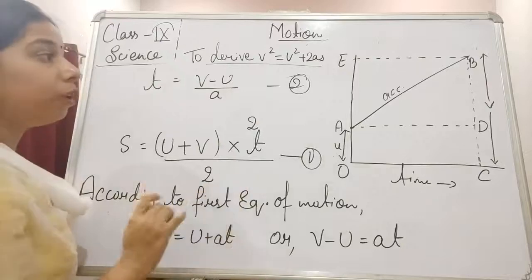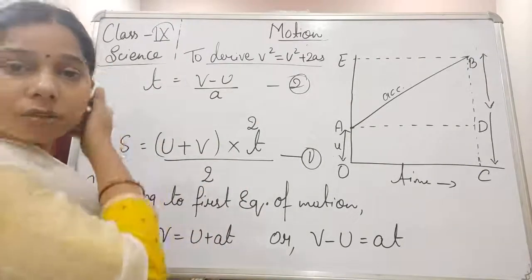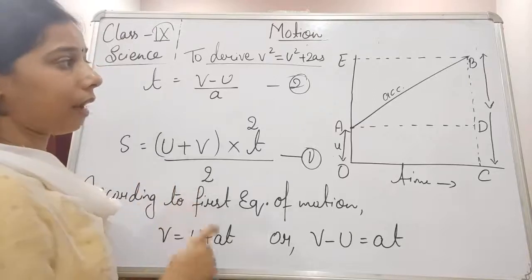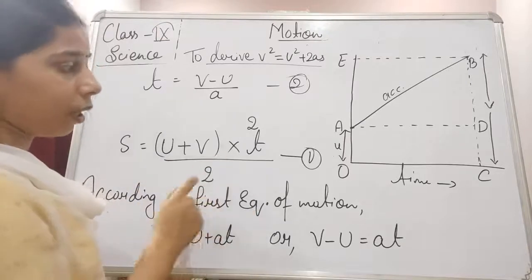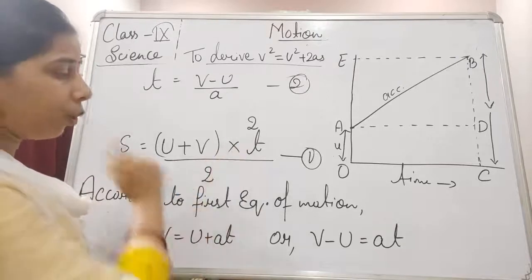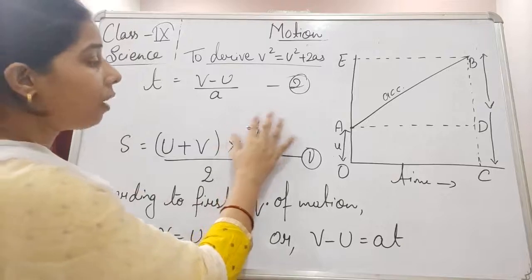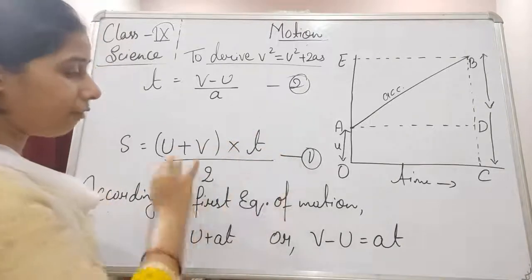Here what we are doing actually, students, is removing the time from the equation that we got, that is u plus v into t upon 2. This equation we got from the area of the trapezium. So we have to remove the t.